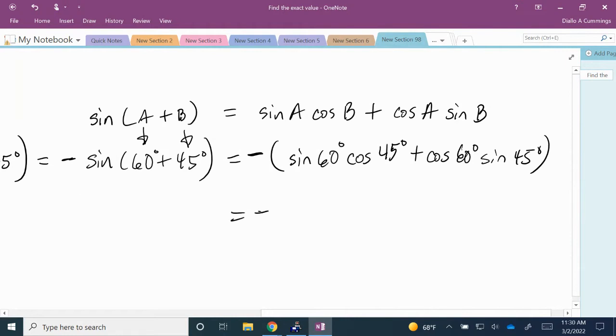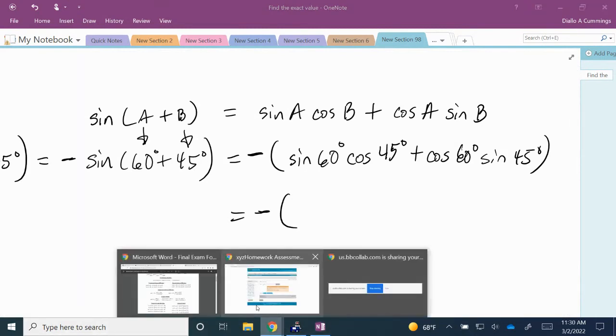All right, from this point, we're going to pull out, and notice I'm bringing down my negative, the values for the sine and cosine of 60, as well as the sine and cosine of 45 degrees. I remember there's two ways that we can find these values.